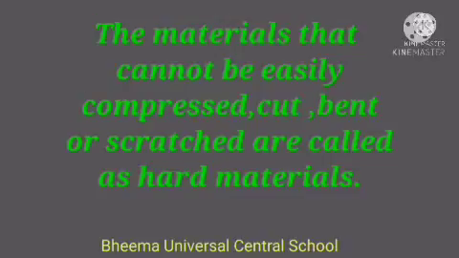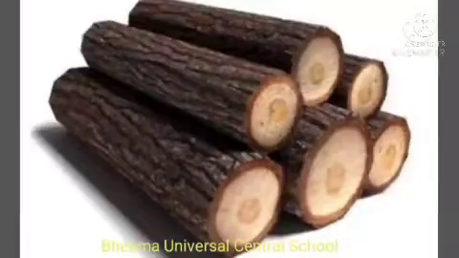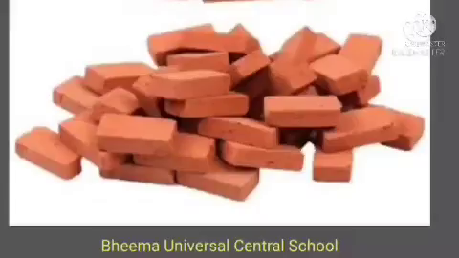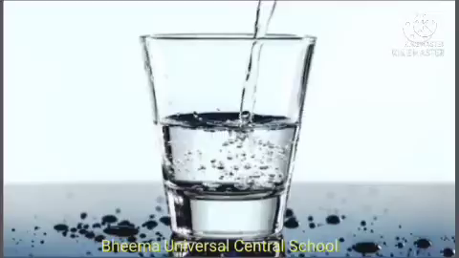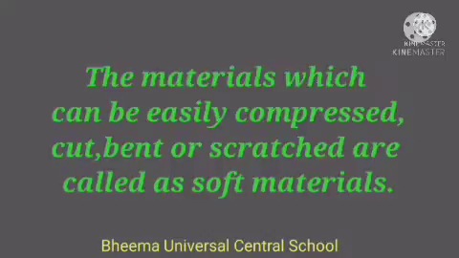Tell me examples of hard materials. Very good. Steel, wood, rock, bricks, glass, teeth, bones and diamond. The materials which can be easily compressed, cut, bent or scratched are called soft materials.